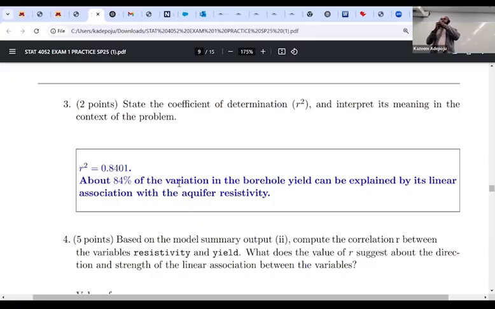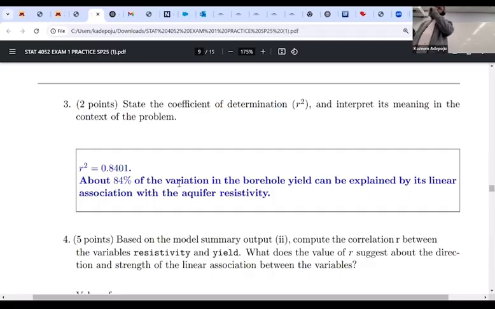But the coefficient of determination, which is the square of R, measures how much percentage variation in the response the model was able to explain.